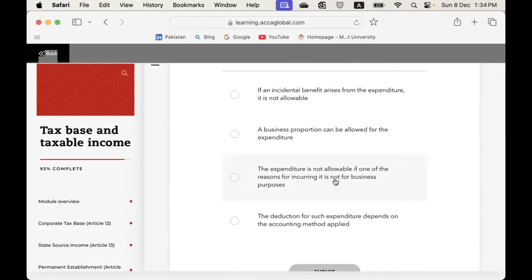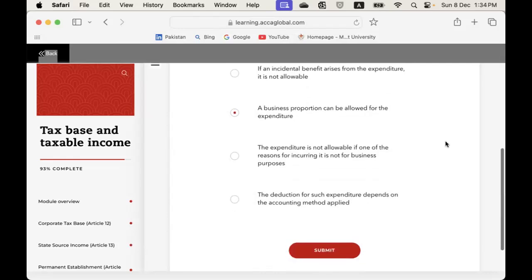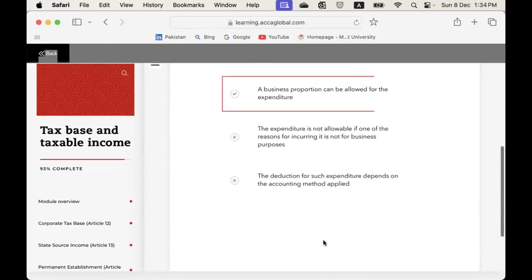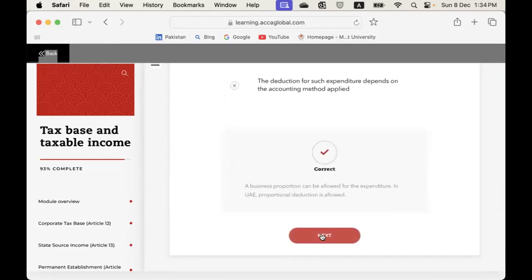This was the harsh rule in the UK. The deduction for such expenditure depends on the accounting method applied. That is not right. So I think this one seems to be the best choice. What do you think, Aya? Yes, let's see. This one is the best option.